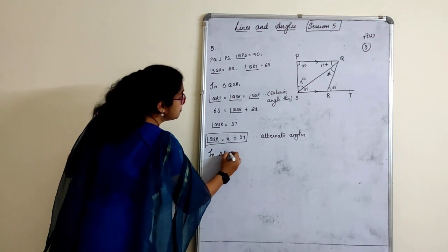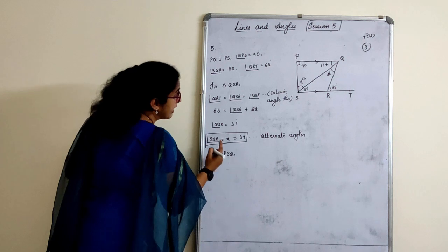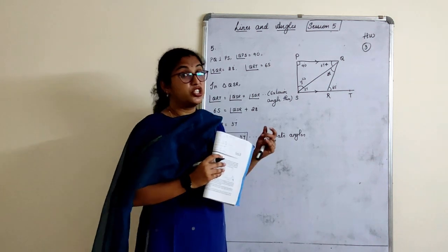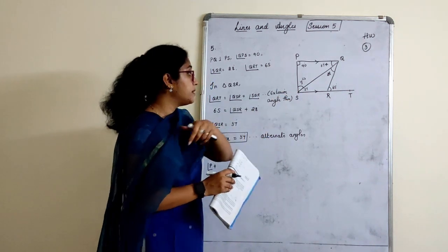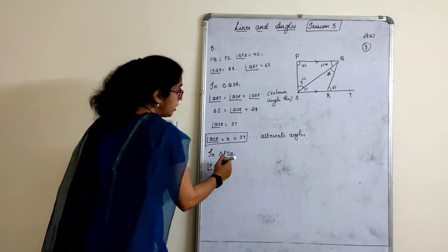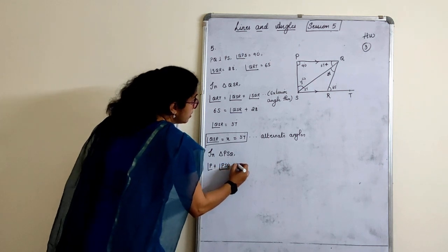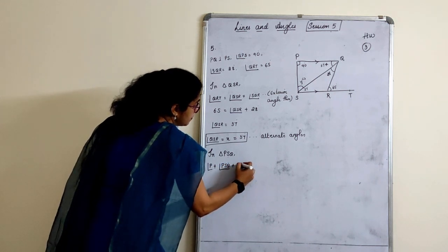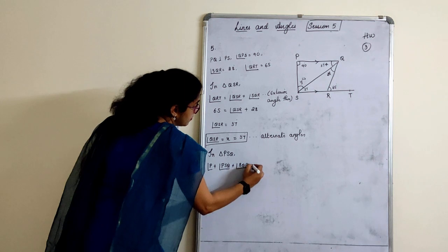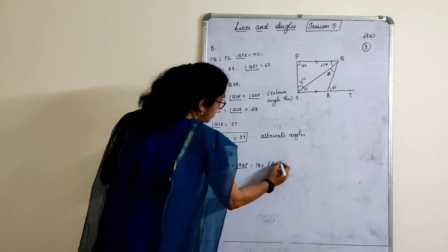In triangle PSQ, angle P, I can use angle P individually because it is not sharing with anything. Angle S can't be used as angle S because it is a part of it. So PSQ you have to use it. Angle PSQ plus angle SQP is equal to 180. Angle sum property.